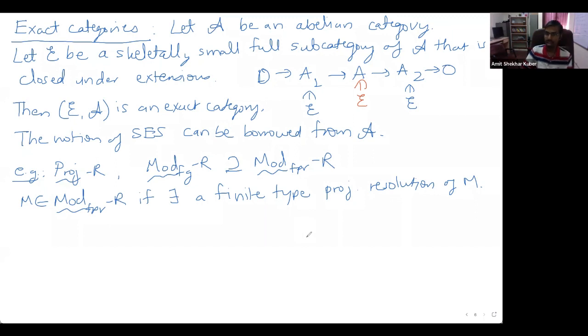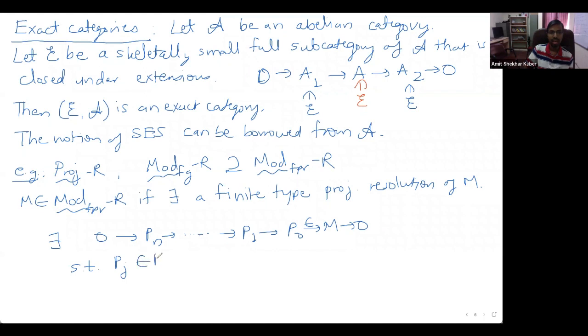So both these things are combined. So basically there is an exact sequence which looks like this. Okay, so this is the augmentation map, but where there exists this such that Pj are in Proj-R. So finite type projective resolution.